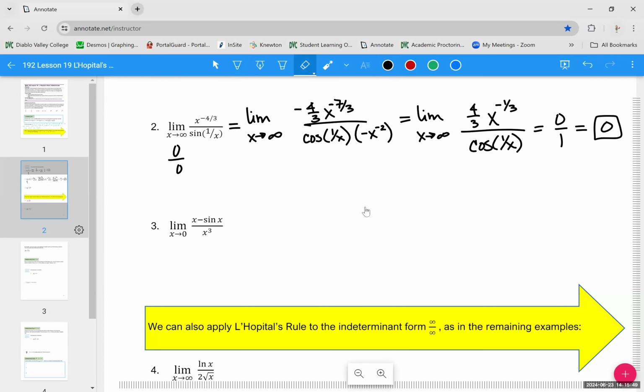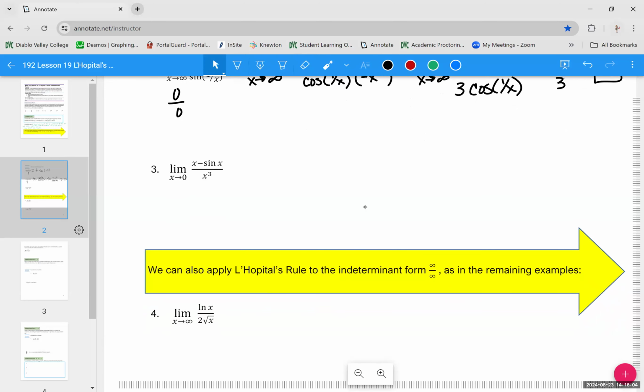So like I said, I could have simplified like this, and then I would have had a 3 on the bottom instead of a 1, but it wouldn't have mattered because 0 divided by 3 is still 0. All right, so why don't you go ahead and pause the video and try number 3.